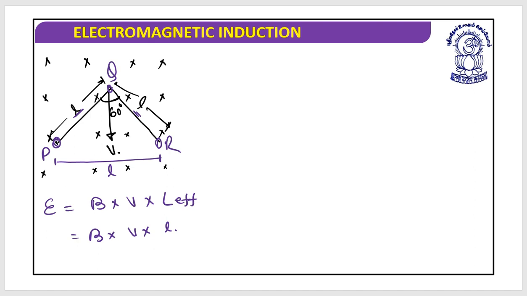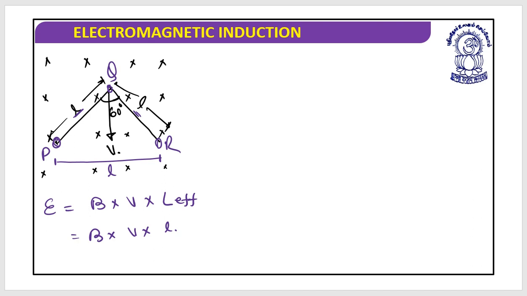Now which terminal would be at the positive end and which at the negative end? Use your right hand, but use it carefully, because here the velocity is in the negative y direction. Generally it is in the positive y direction. In this situation it is in the negative y direction.